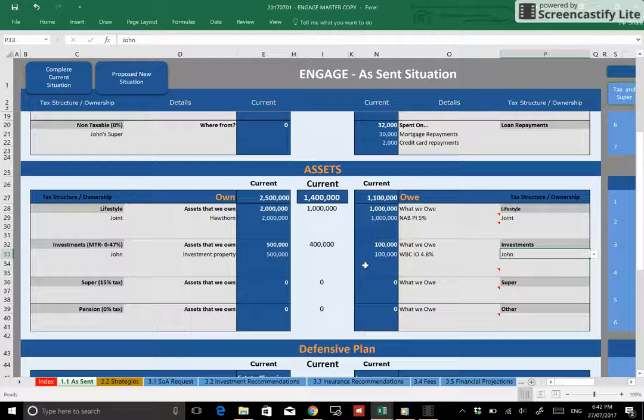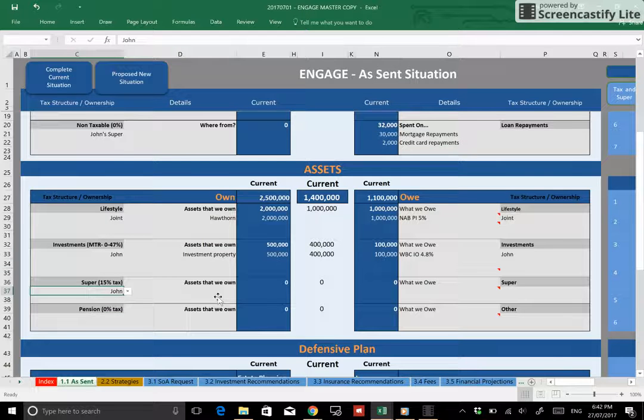That's for John. What you can see here, we're matching line for line the assets and the debt. So in this situation, you could go 500,000 minus the debt, giving us an equity of 400,000 on that investment property. And it's important to match like for like.